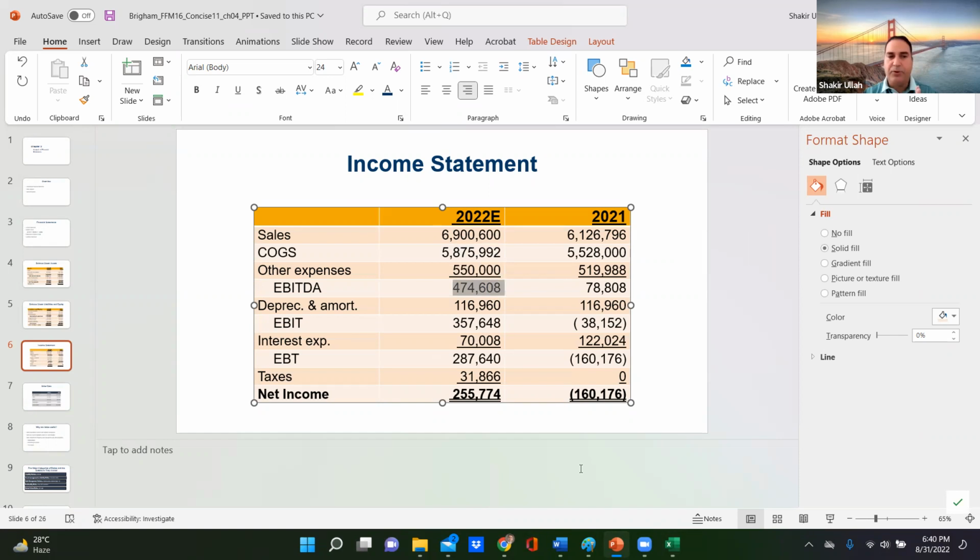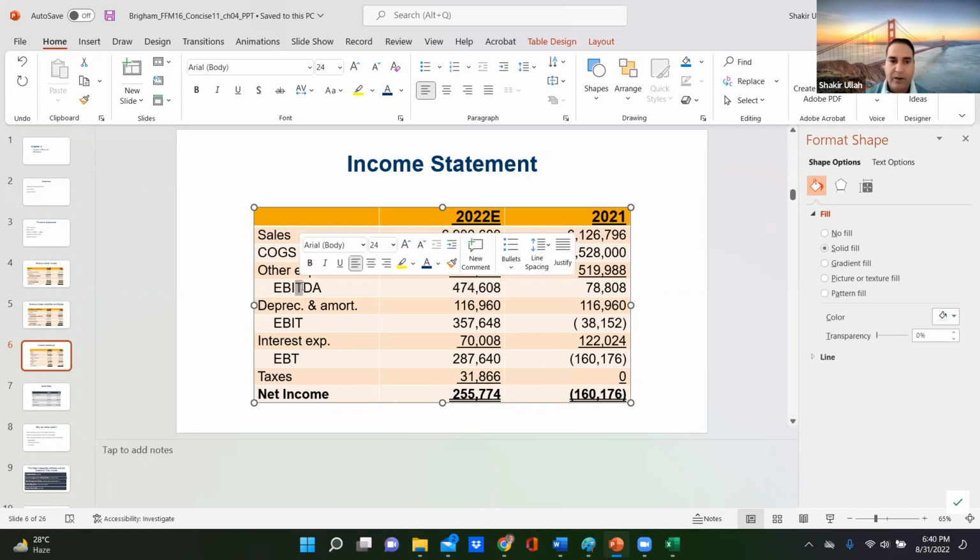EBITDA basically stands for earnings before interest, taxes, depreciation, and amortization. It means that we have earnings of this much, but we still have to remove interest expense from this earning. We also have to remove taxes from that number. We also have to remove depreciation expense from that number. And if there's any amortization, we will also have to remove that.